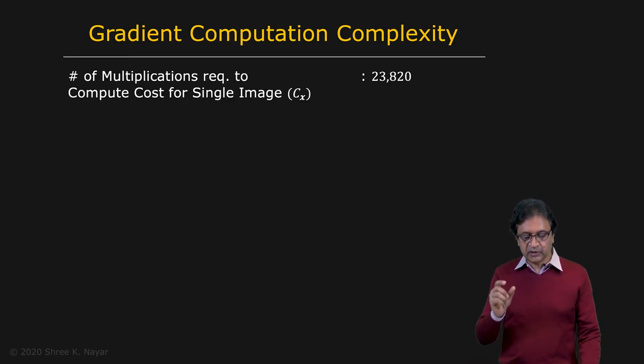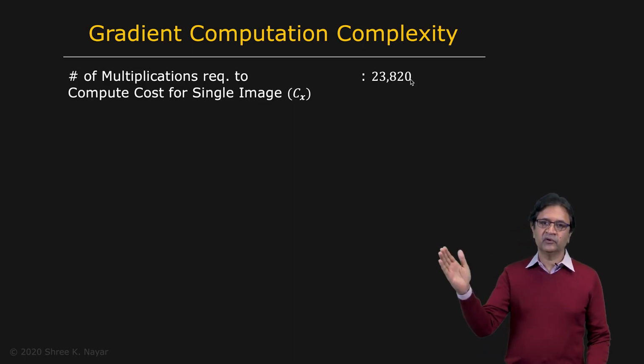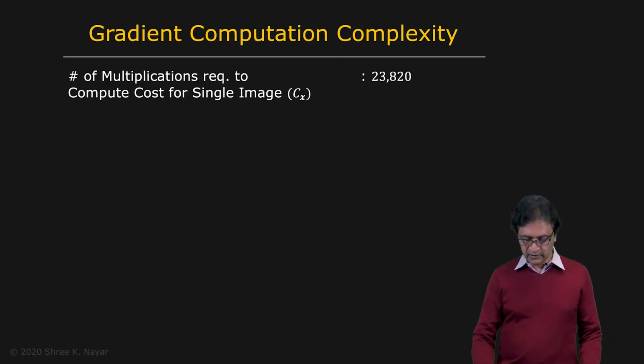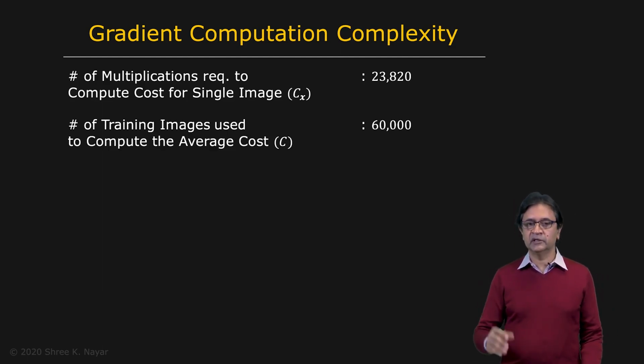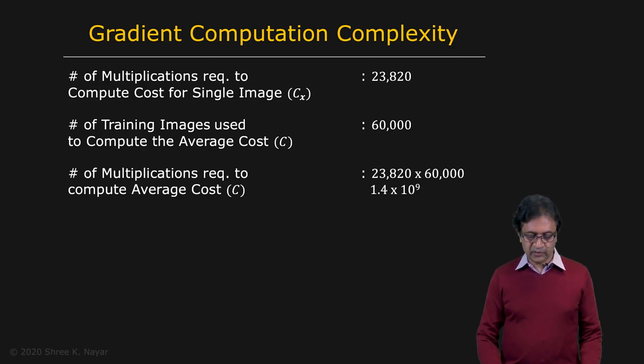So with that in mind, we can do a rough calculation of the complexity of applying one iteration of gradient descent to train this network. The number of multiplications required to compute the cost for a single image is roughly 24,000. That's the feed-forward computation that we talked about earlier. And then the number of training images in our case, MNIST, is 60,000. So the number of multiplications required to compute the average cost, because you've got to run all the training images through, is 1.4 times 10^9, getting up there.